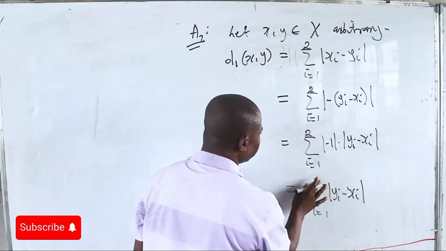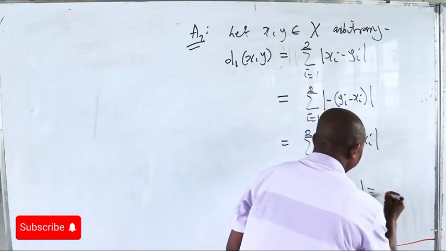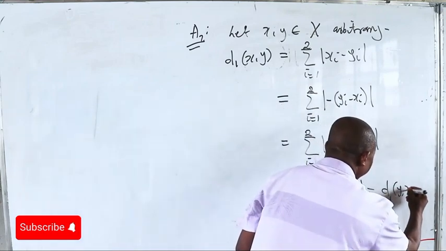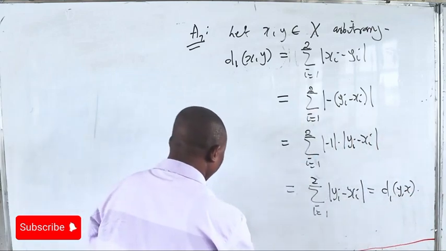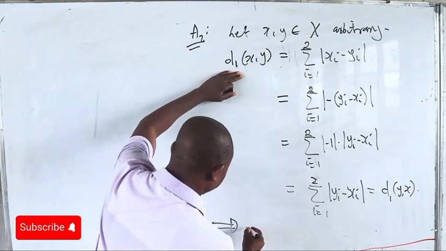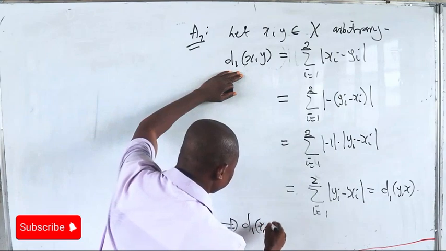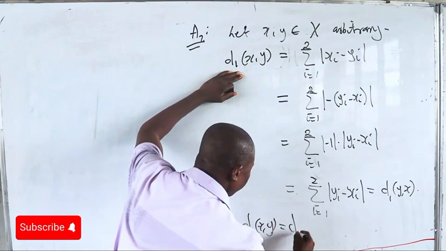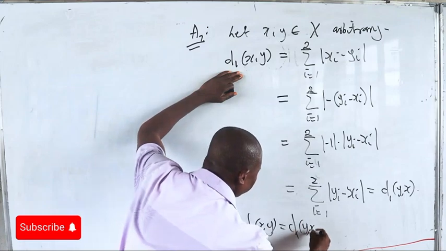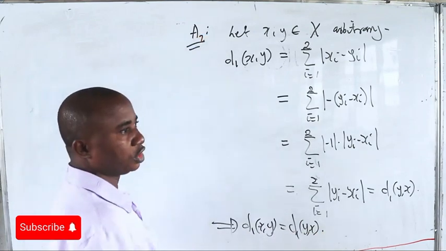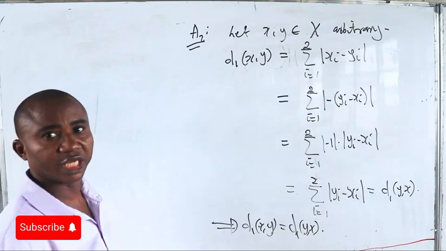By definition, this is nothing but d1 of y comma x. So we have shown that d1 of x comma y is the same as d1 of y comma x, concluding the proof of A2.